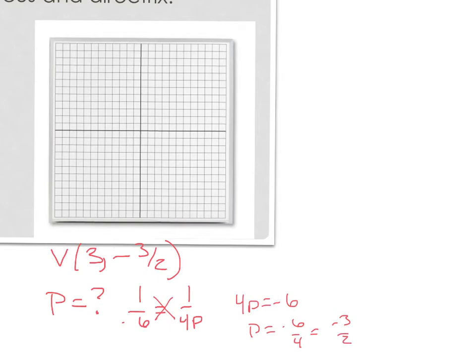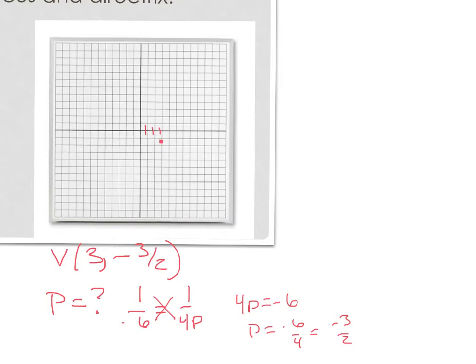Okay, so I got my vertex. I'm going to go ahead and plot that, which is 3. So 1, 2, 3. Negative 3 halves, so that's negative 1.5. So I plot that point.